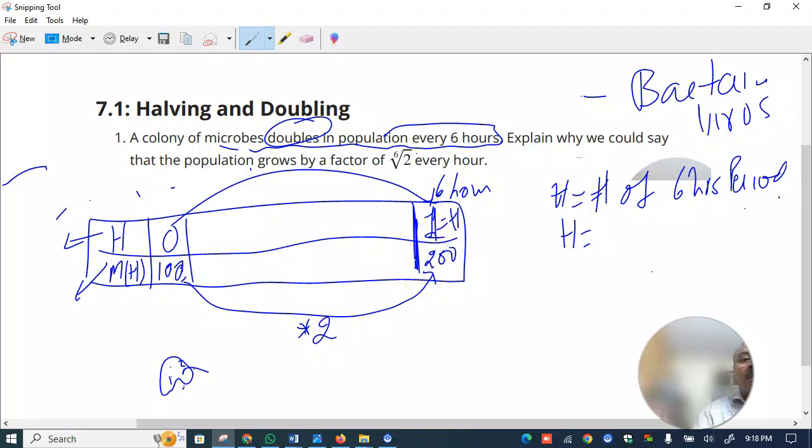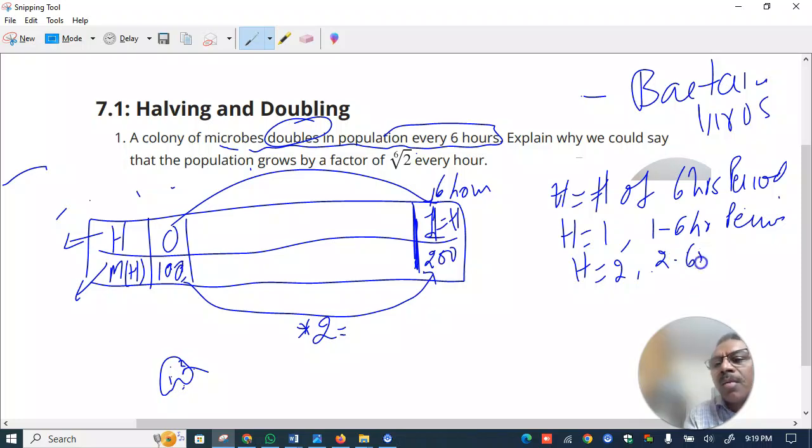Now this growth factor is for 6 hours, so for H equals 1. If H is 1, it means one 6 hour period. H is 2 means there are two 6 hour periods.